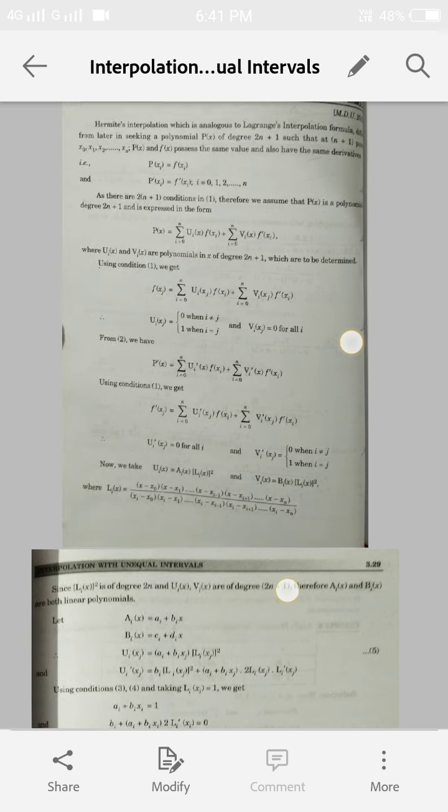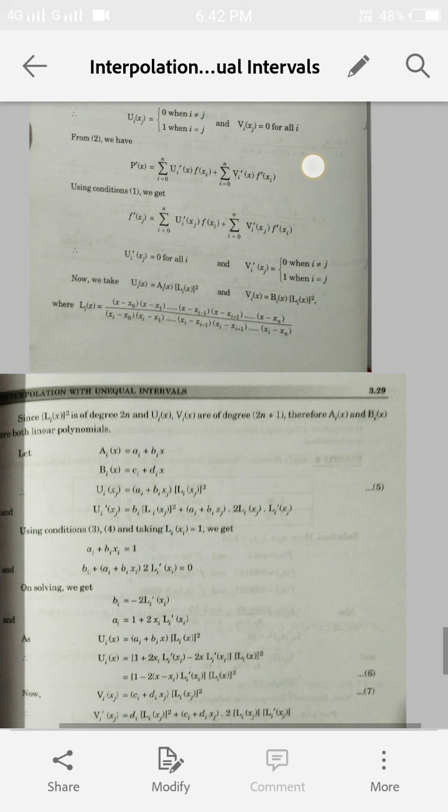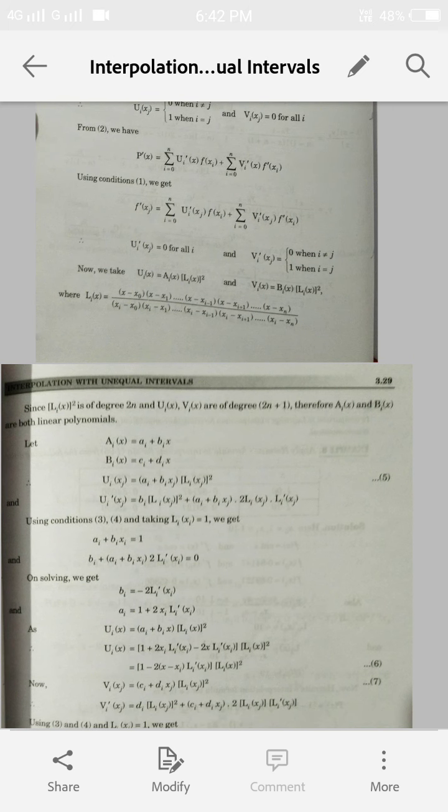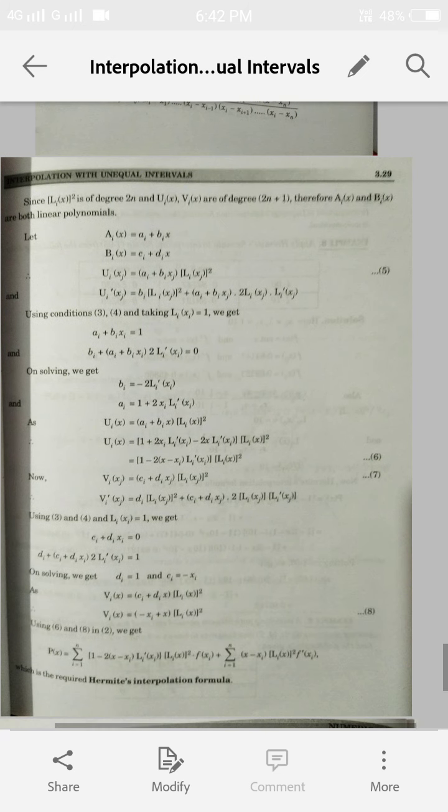Here L stands for Lagrangian interpolation, where Li(x) is the Lagrangian factor. Since Li(x) square will be of degree 2n and ui(x), vi(x) of degree 2n+1, it means ai(x) and bi(x) are linear polynomials. So we can take them as ai(x) as ai plus bi x and bi(x) as ci plus di x in the general form.